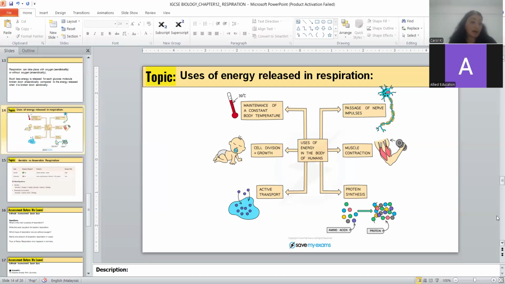And also they are used for growth. Your growth, or cell division, or the growth of the bones, teeth. And the passage of nerve impulses also needs some energy. So that energy also is used for that purpose.